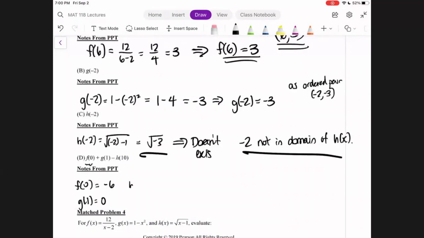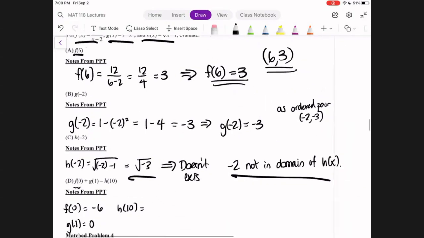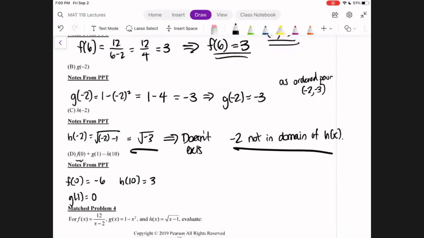And see if you can get h of 10 is 3. Now once you have all these, we're just going to add the first two and subtract the h. Okay, so this will be -6 plus 0 minus 3. So this will be -9. And there is no ordered pair that goes with this because we're combining a lot of functions.